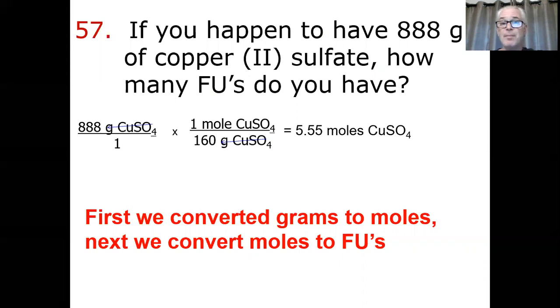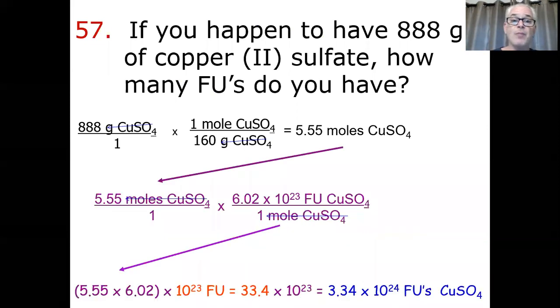That's the first step. We want to know how many particles. So we're going to move the 5.55 moles over 1, and we're going to convert it because we know that there's Avogadro's number of formula units in a mole. So in this big math problem, it's going to be 5.55 times 6.02. We'll put that in parentheses. We're going to do that part first, times 10 to the 23rd.